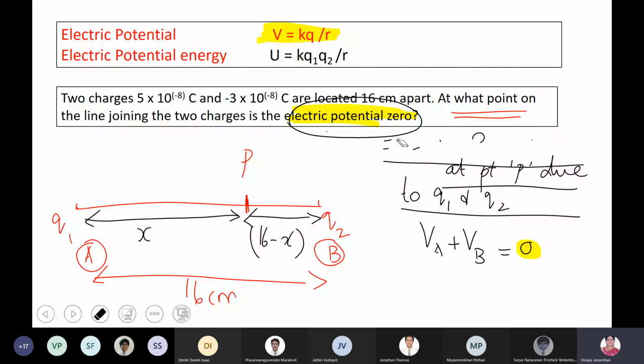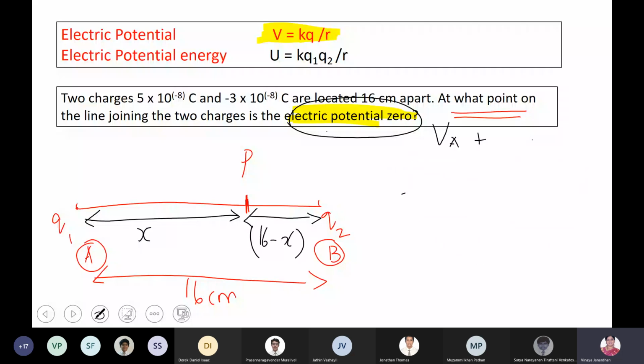So I'll go for VA. VA plus VB must be equal to 0. Now, what is VA? It is K Q1 divided by AP, plus VB, which is K Q2 divided by PB. So this whole should be equal to 0, right?